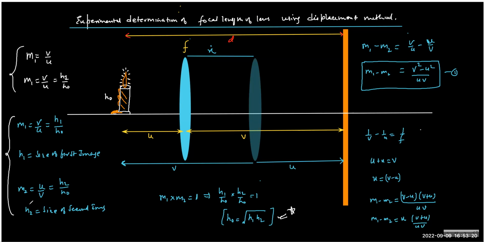So let's say if I give you the screen distance and the object distance is 100 centimeter, and if the first image is at 20 centimeter, the second must be at 80 centimeter. So from 20 to 80, how much have you displaced? 60. So what is the X value? 60. Okay.